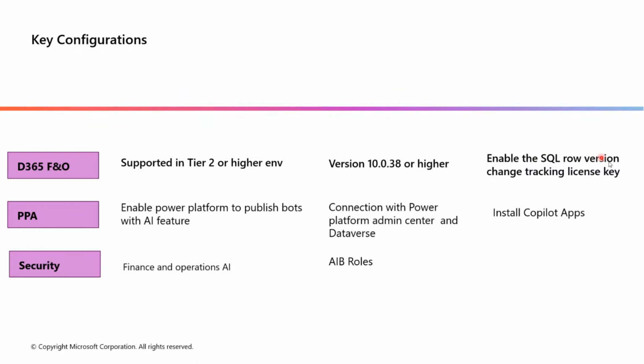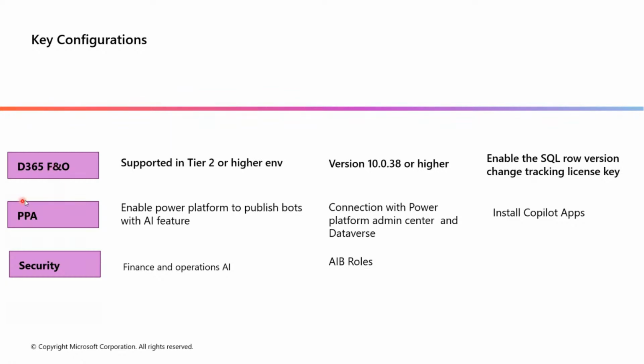And then you also need to make sure that the SQL row version change tracking license key is enabled under the system admin. If it is not enabled, you can put your system in the maintenance mode and then enable this particular key. So that is about finance and operations, what you need to keep in mind.